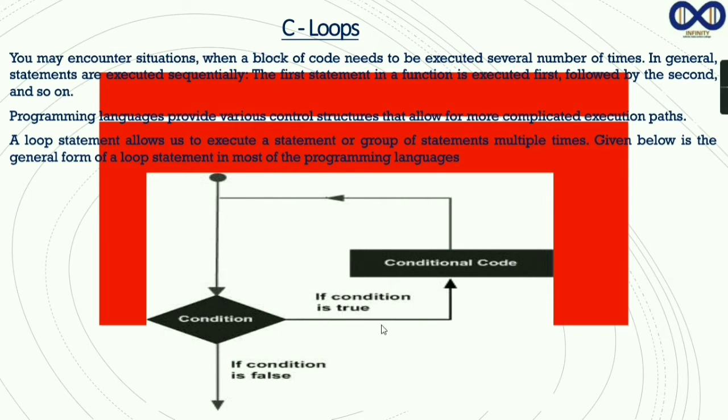If the condition is true, then it goes to the conditional code, and the conditional code is executed, and the cycling process continues. And if the condition is false, it simply ends the program without any output from there. End of the code block.